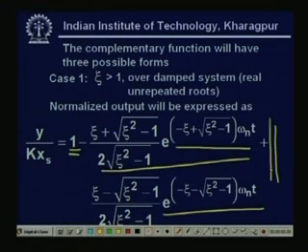So this complementary function is important, because in many cases I cannot allow the system to get the complete steady state response before taking action. Suppose within 5% or 1% of the final value, I have to take some actions.